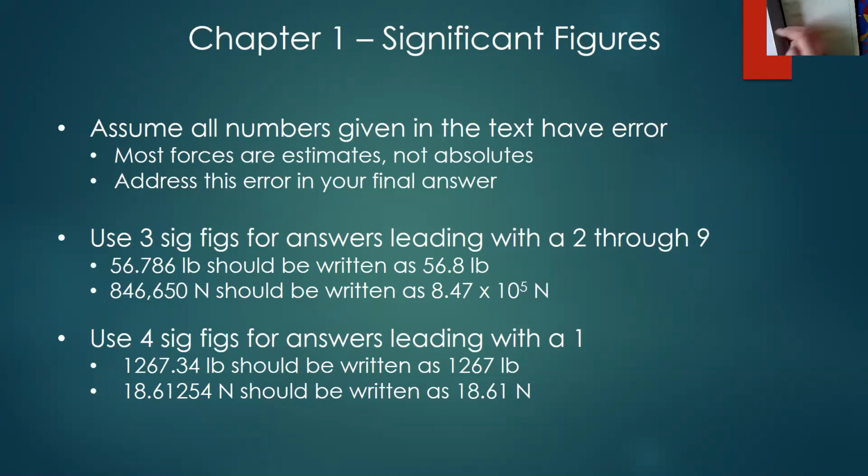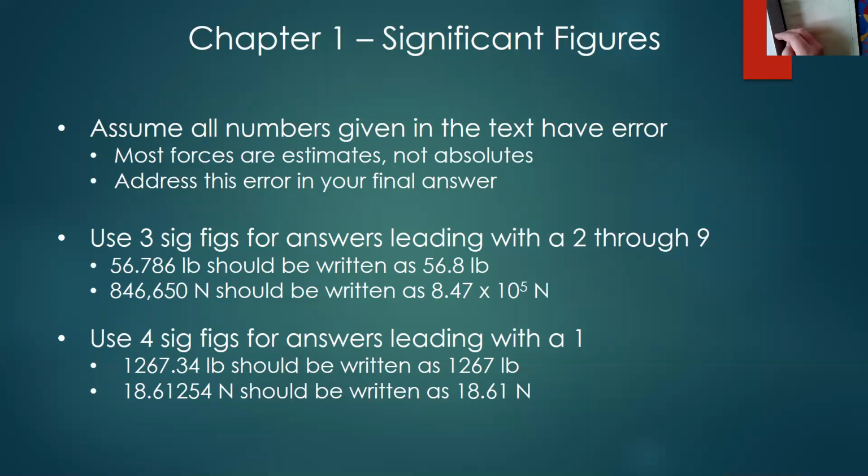And the rules are that we will use 3 significant figures for answers where the leading number is a 2 through a 9. And so what does that mean? If you have a number like, say, in my example here, 56.786 pounds, then you're going to write that as 56.8 pounds, of course, rounding up the 7 to an 8.